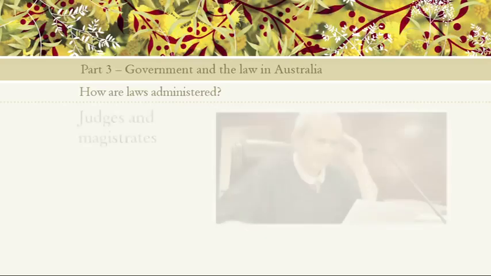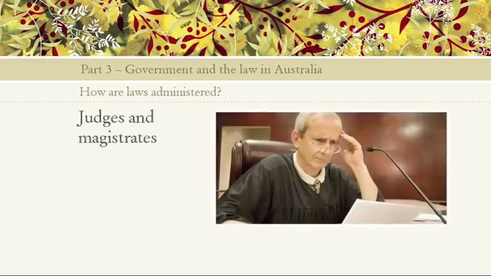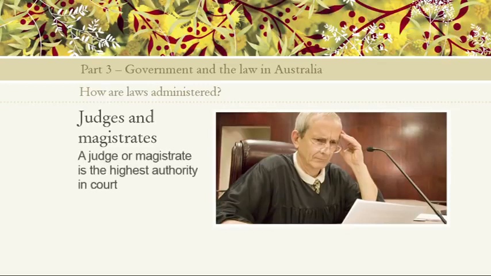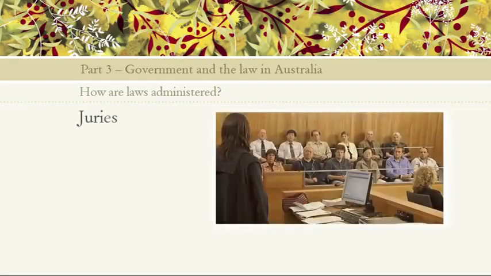Judges and magistrates. A judge or magistrate is the highest authority in a court. They are independent, and no one can tell them what decision to make in court. Juries. A court will use a jury in some cases.